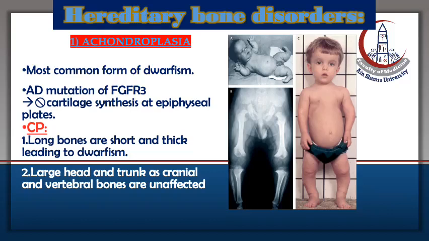That patient would complain of that their long bones are short and thick, leading to dwarfism, while their heads and trunks are not affected, as the skull and the vertebral bones are not affected by the disease. So the patient would have a disproportionate growth in between their limbs and the trunk.